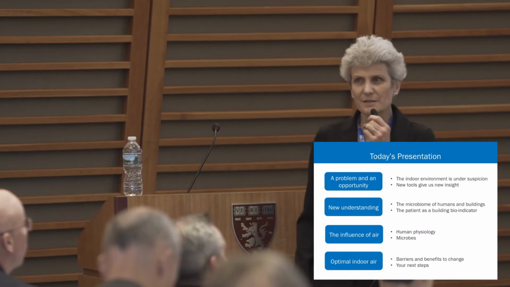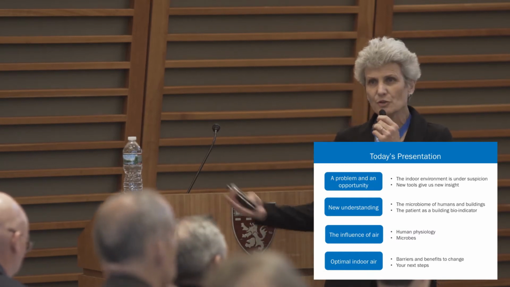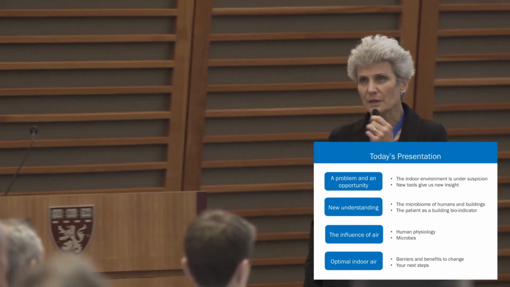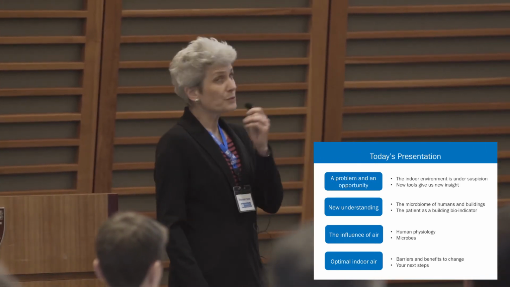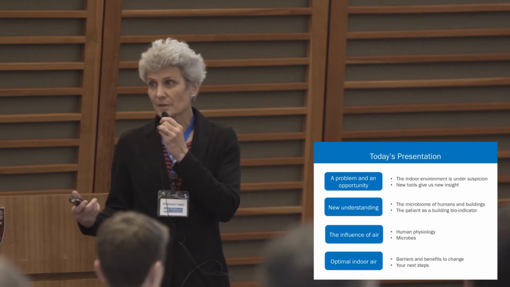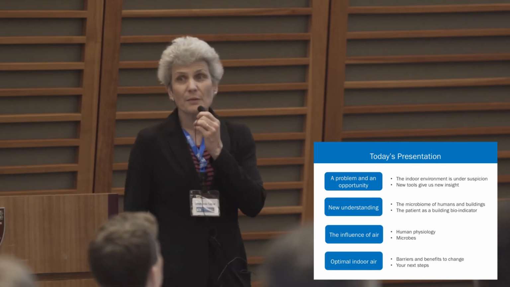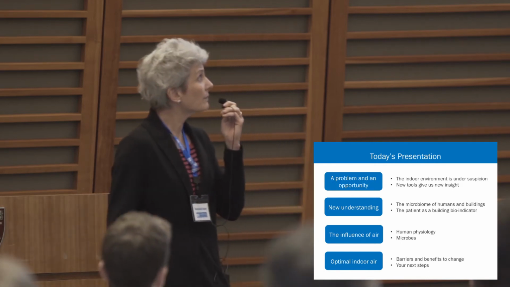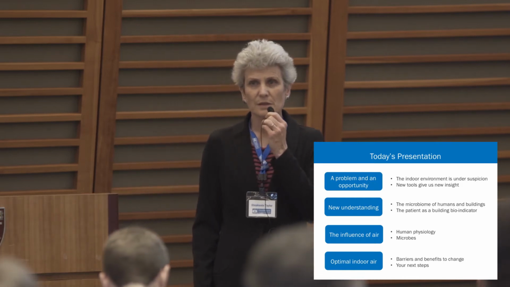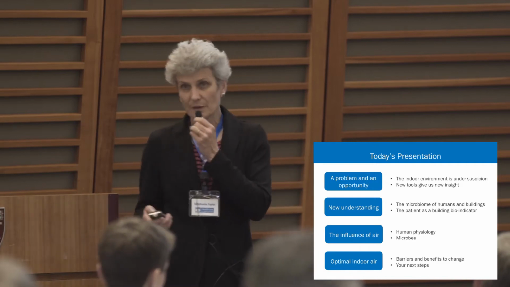We also have some amazing statistical analysis capabilities that enable us to take a huge amount of patient data, correlate it with a huge amount of building data, as well as the DNA, the PCR, and next generation sequencing data. So from that, we have new understanding. Then we're going to talk, if I have time, a little bit about what happens with different conditions indoors, and where we should go from here.